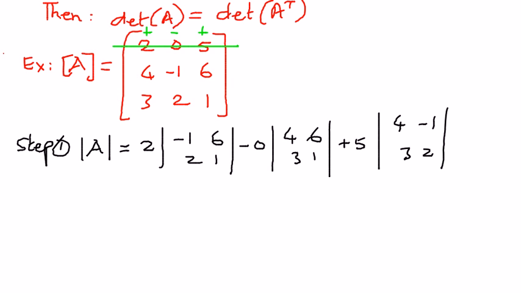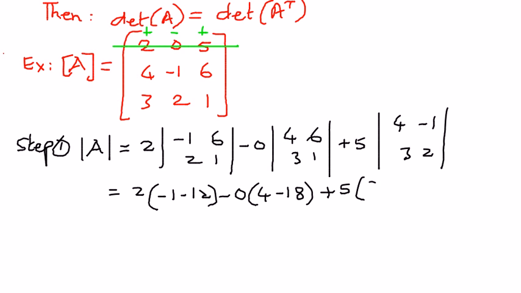And now we are ready to expand this out and see what we get. This is going to be 2 times negative 1 times 1 is negative 1, minus 2 times 6 is 12, minus 0 times 4 times 1 is 4, minus 3 times 6 is 18, plus 5 times 4 times 2 is 8, minus 3 times negative 1 is negative 3.